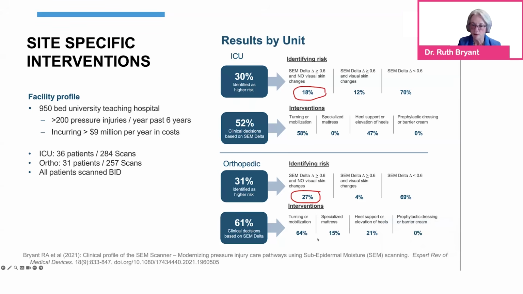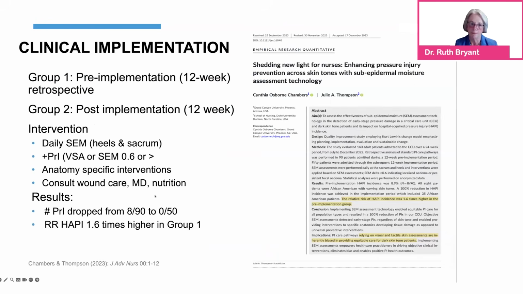They were motivated to intervene, and they had more turning and mobilization. They looked at their support surfaces and modified those, and they addressed the heels. So people are acting on this information, and that's a key component of why subepidermal moisture is so successful.